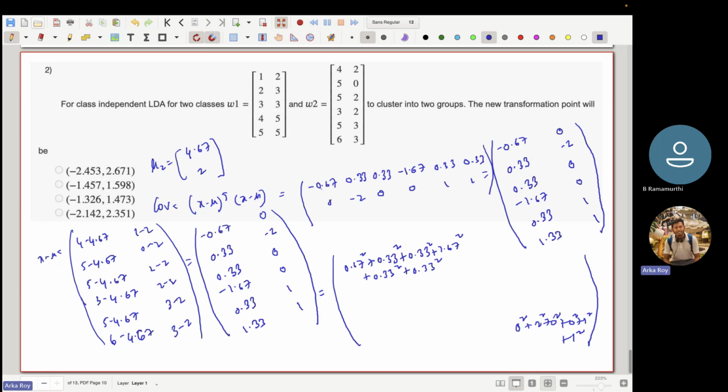Then multiplication with this is 0. Then 2 into 0.33, 0, 0, 0.33, 0.33. 2 into 0.33, 0.33, 0.33.